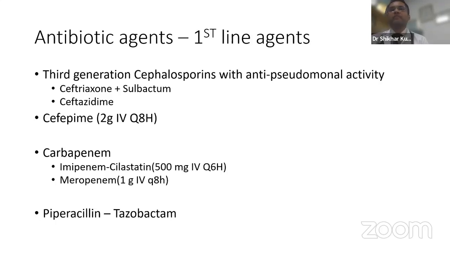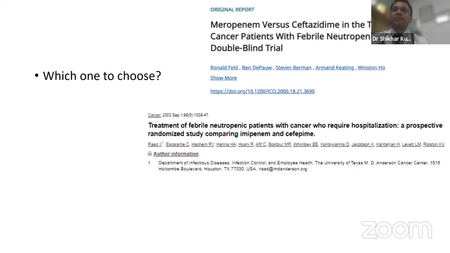Combination therapy with both your beta-lactams or carbapenem plus aminoglycoside is recommended only in select situations. There have been several trials which have compared monotherapy versus monotherapy plus aminoglycoside in febrile neutropenia patients.